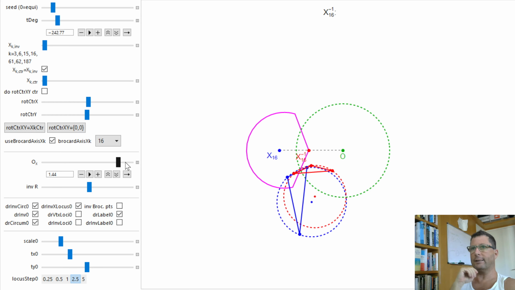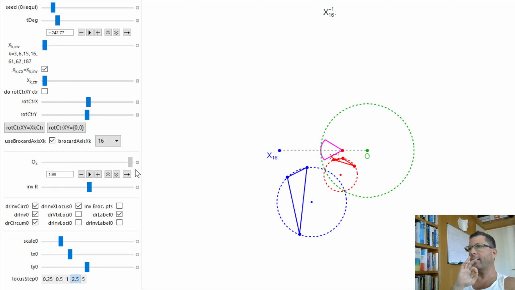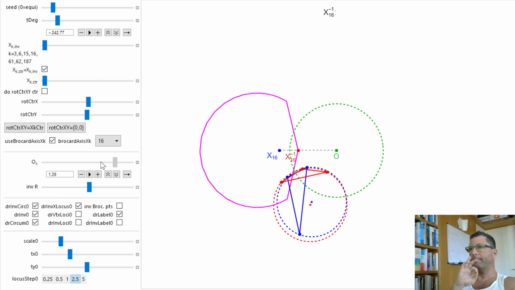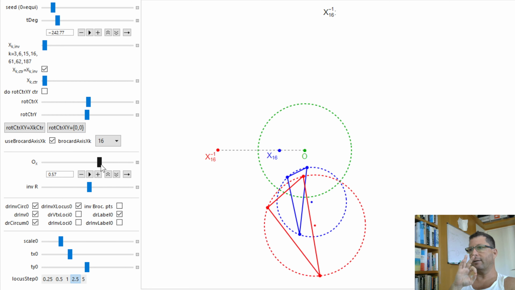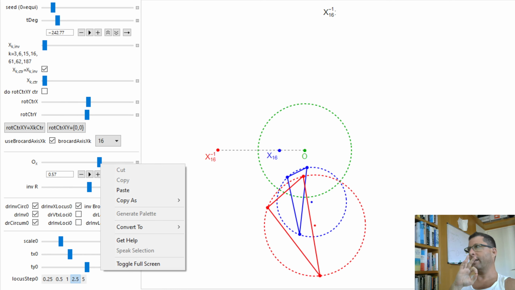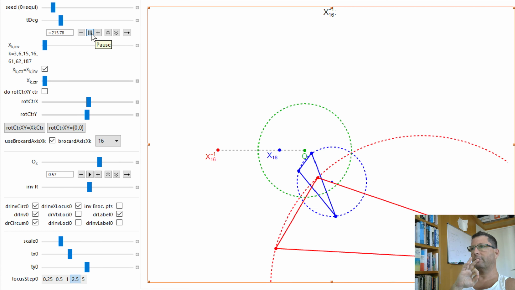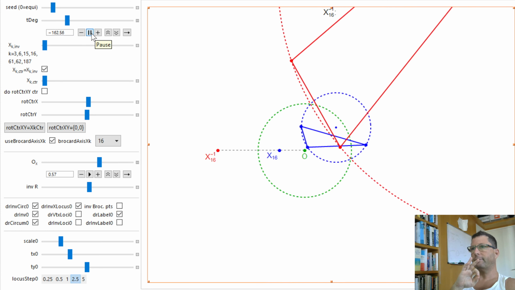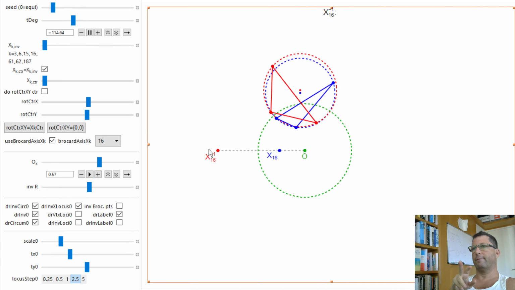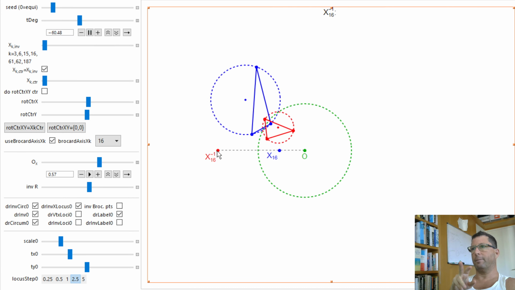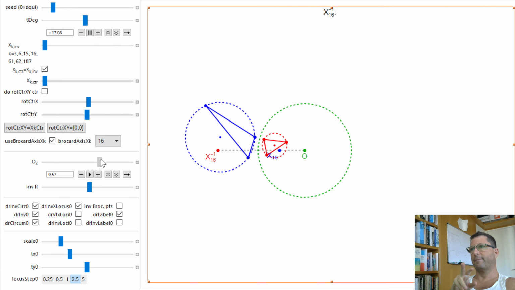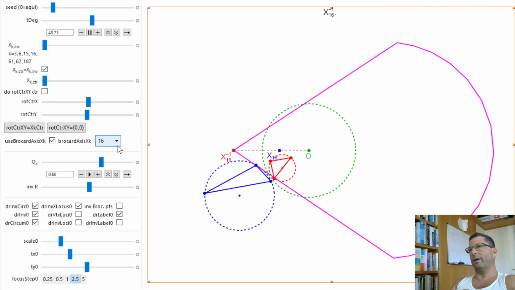So it looks like with X16 I only have two cases. I either have a point locus like that, where the circumcircle can never include the center of inversion, which is this case here. So X16 is dynamically a point. Or I have a second case, and I'm just doing this experimentally, where you have two states.